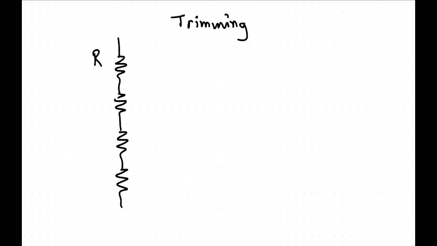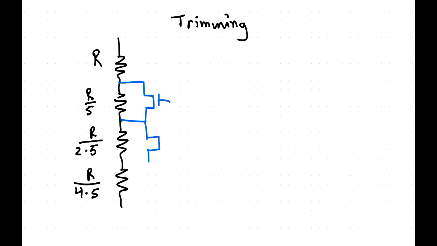If you have a variation of say 20%, then I probably want to make this one here something like R on 5, and then R on 2 times 5, and R on 4 times 5, and so forth. And then I put in transistors here that I can use to short out any of those.